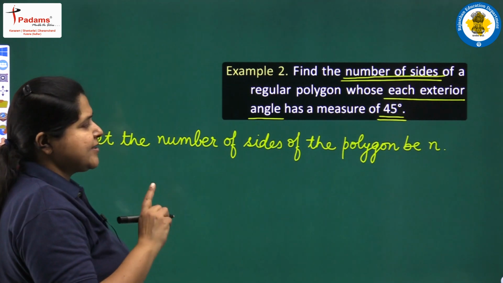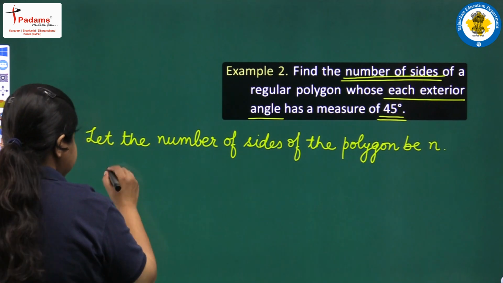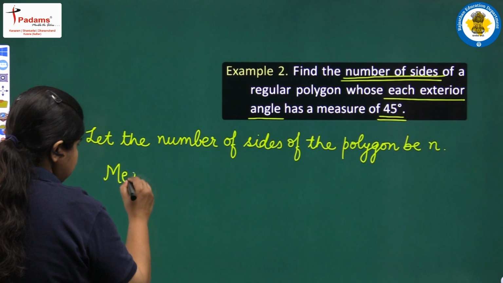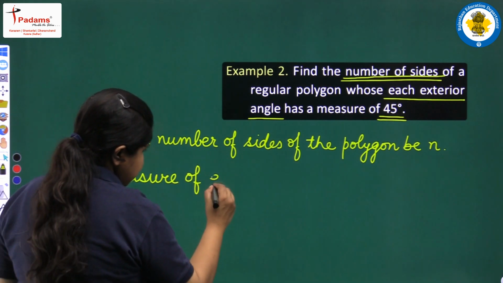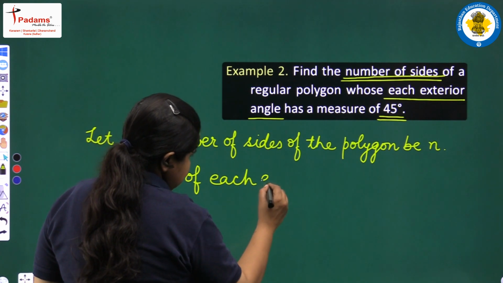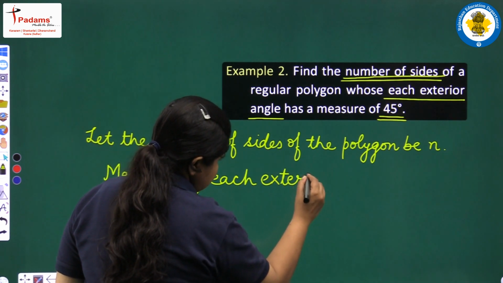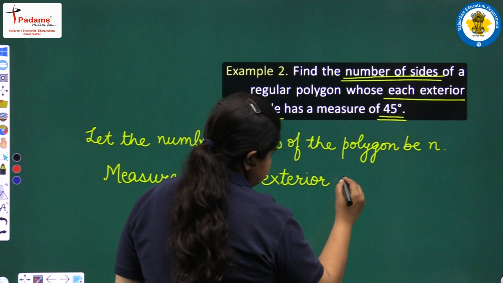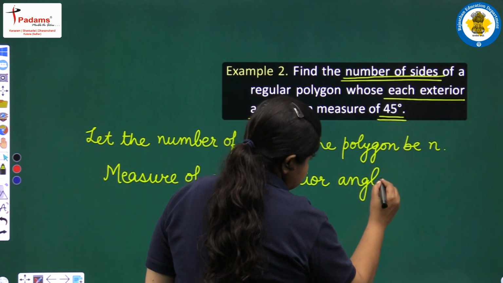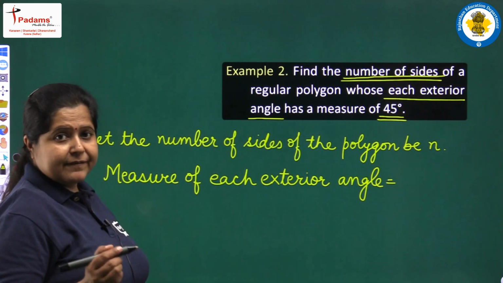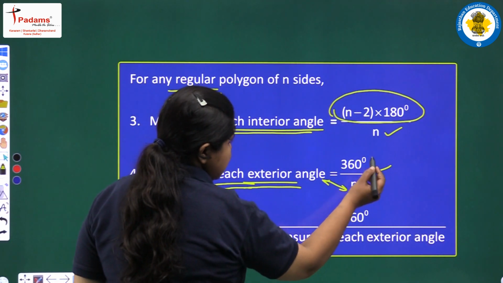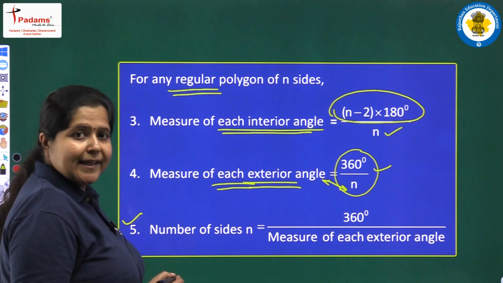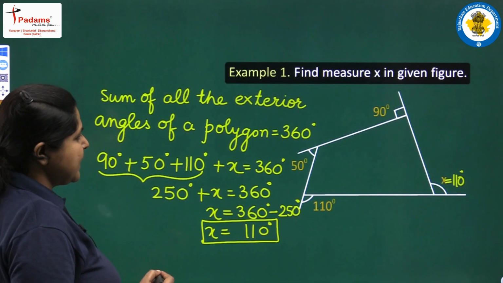Okay. What has been given? Measure of each exterior angle. So, let us write its formula. Measure of each exterior angle is equal to, we have just learnt it, 360 degree upon n. So, we will apply it here.